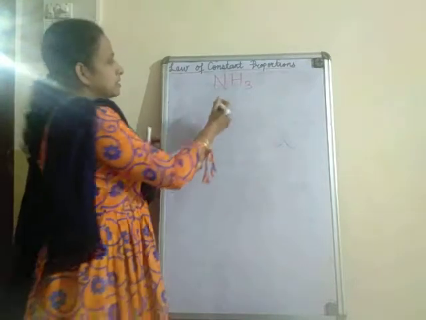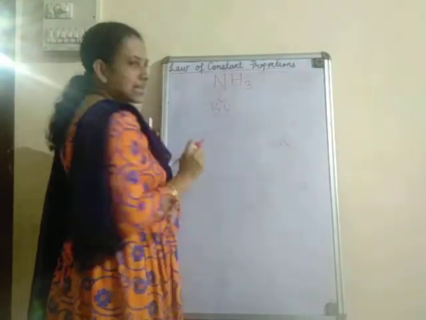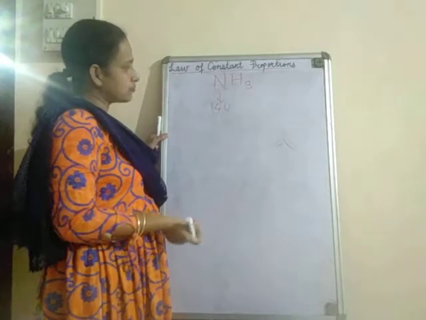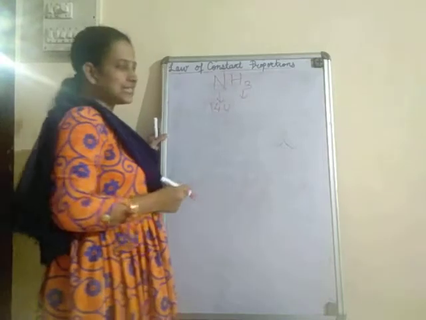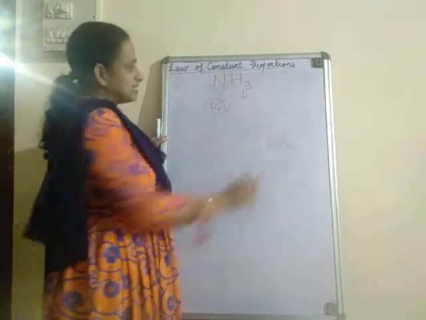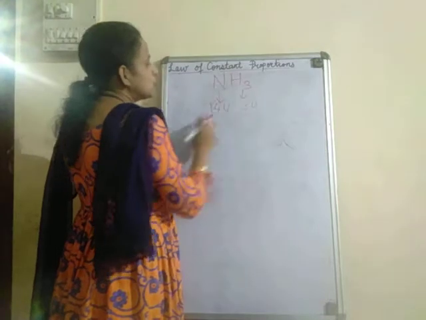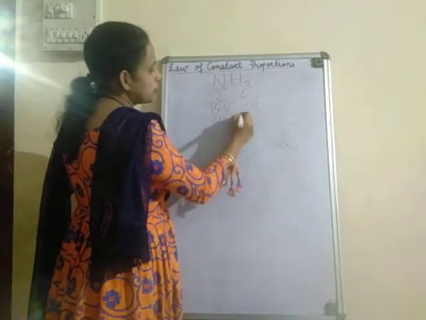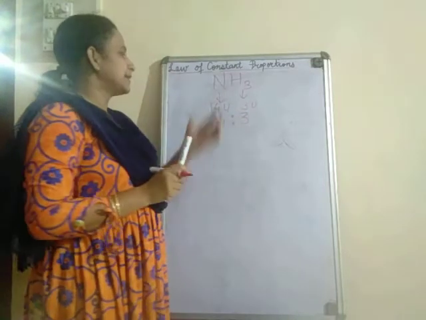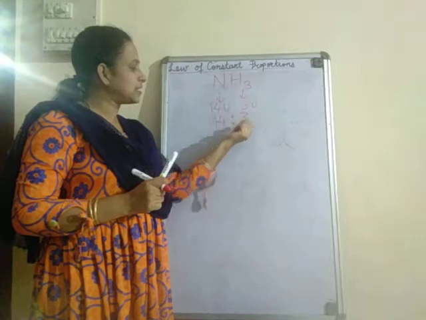The mass of nitrogen is 14 units, that is 7 plus 7, 7 protons, 7 neutrons. Hydrogen is 1 unit, and since there are 3 atoms here, 3 into 1 becomes 3 units. So the ratio over here is 14:3.